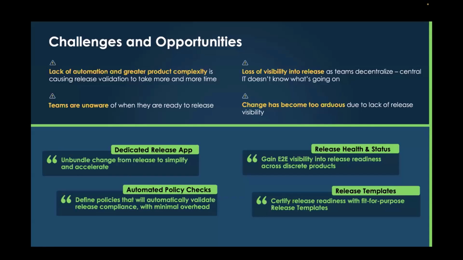They just know their code compiles, it deploys with their pipelines, and there may be other governance requirements that are necessary. But also, as we decentralize into teams, there's less visibility by the central governance side, by central change teams, central governance teams to know what's going on.